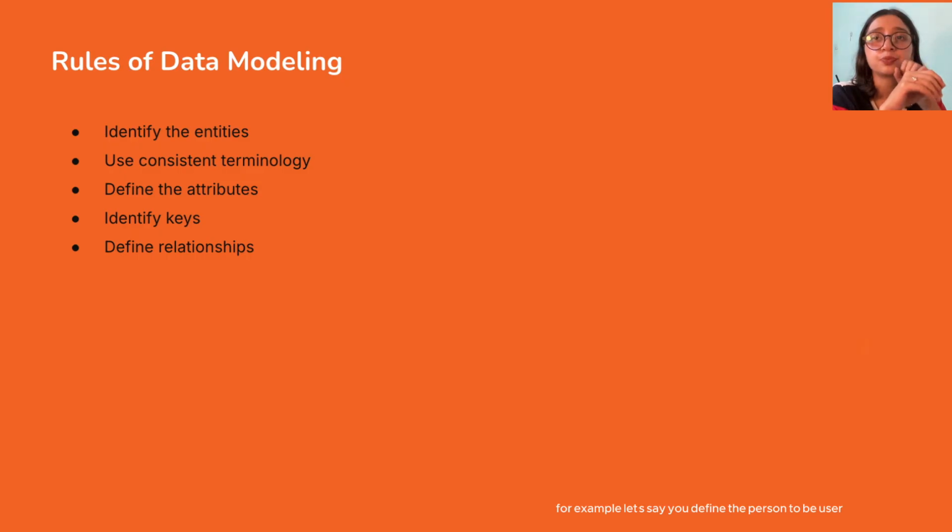For example, let's say you define the person to be user, right? It needs to be consistent everywhere that the user means the person. You cannot go around and change in the system that user account means person, because we defined user to be person in the very first place. Then you need to define the attributes, then identify keys, and then define relationships.